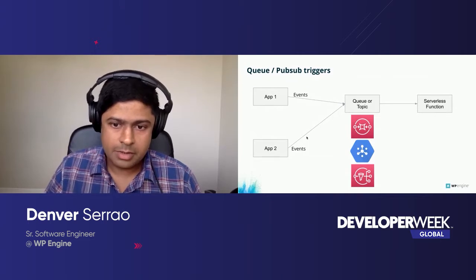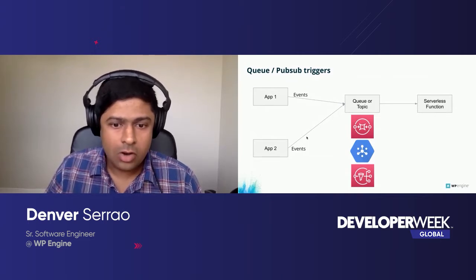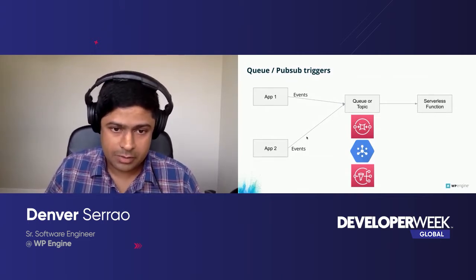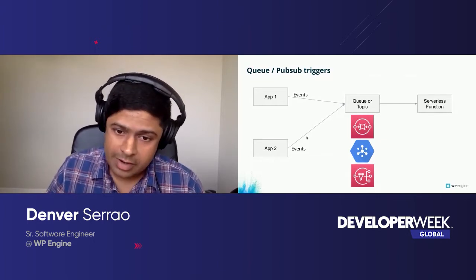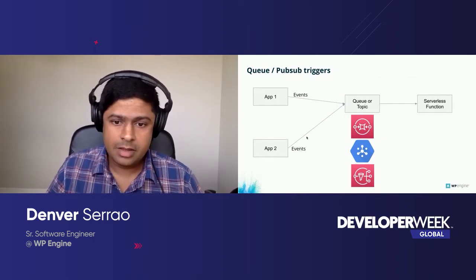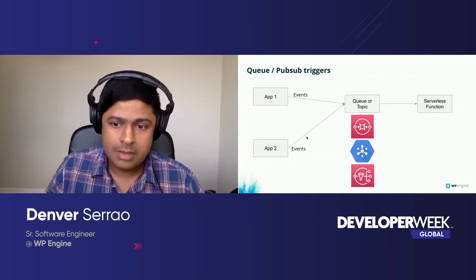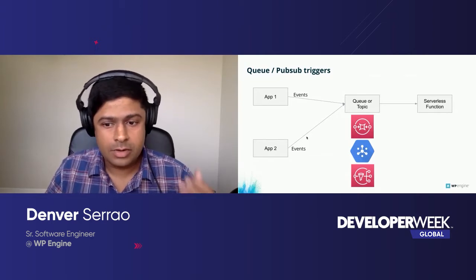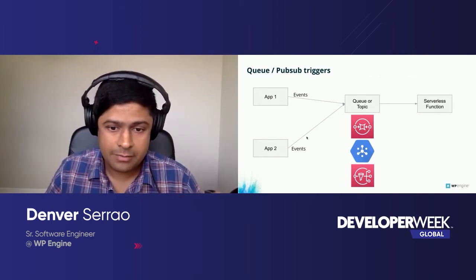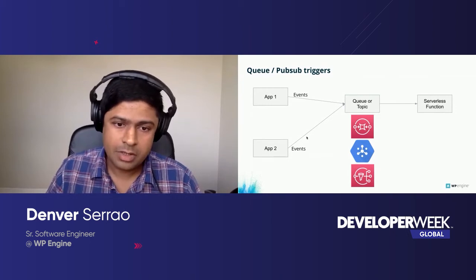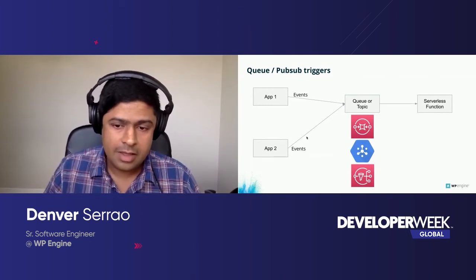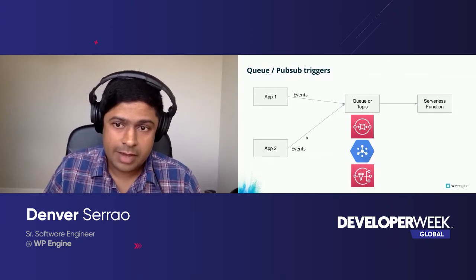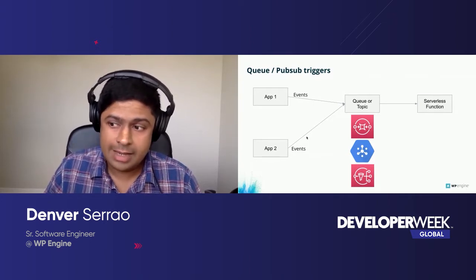The cool thing about this pattern is that you get a lot of great functionality right out of the box. You get auto-scaling, automatic retries for failed events, and exponential backoff, meaning that you can wait longer before retrying failures on the same event. You can get dead-lettering, which means giving up after max retries. All this great functionality is provided out of the box without writing any additional code.